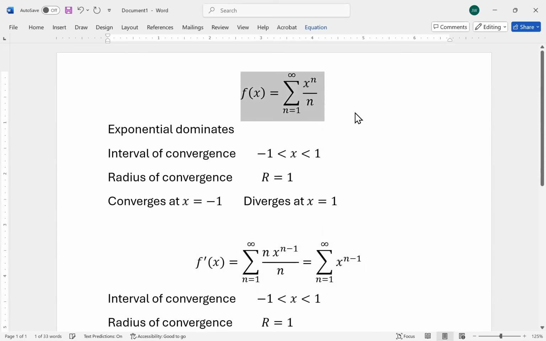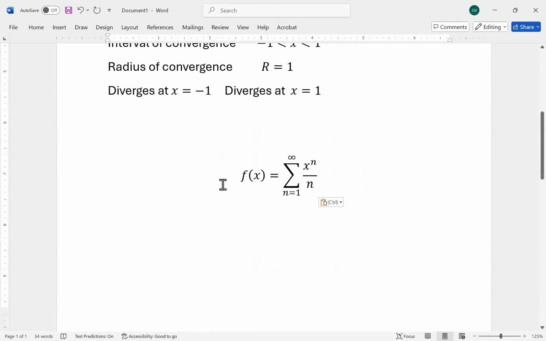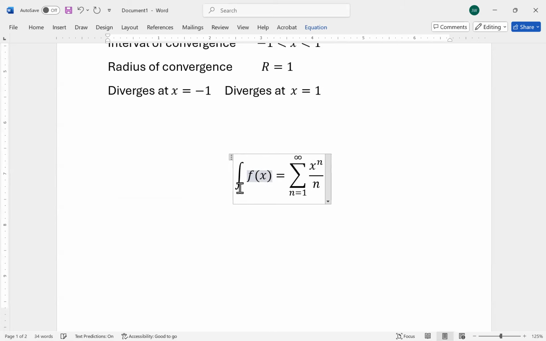Now we can also integrate this power series. Let's say we wanted to integrate this power series. Obviously, we're going to integrate it with respect to x. Then what I would do is raise the exponent by 1 and then divide by n plus 1.